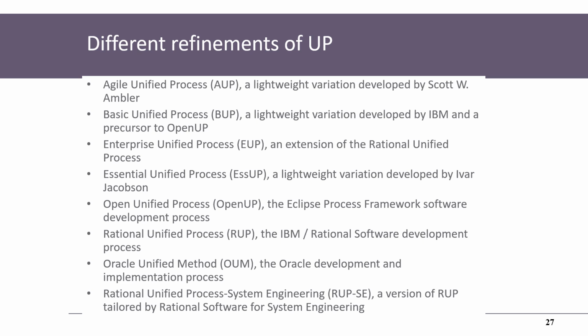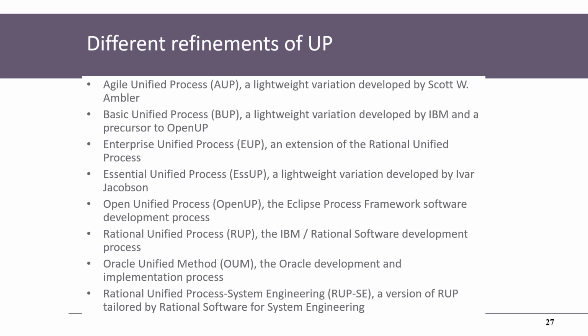So if you search on the web or go through some of the literature, you will find where they further take the unified process model which we discussed, integrating it with the agile practices.